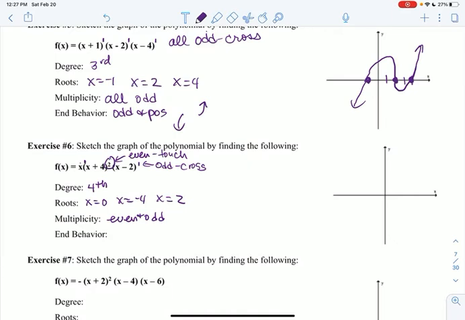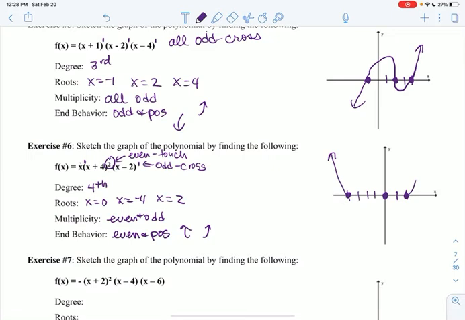But when I'm talking about my end behavior, it's even and positive. So even and positive is going to face like this. All right, so my roots are 0, -4, and positive 2. And I know that it's going up on the left and up on the right.